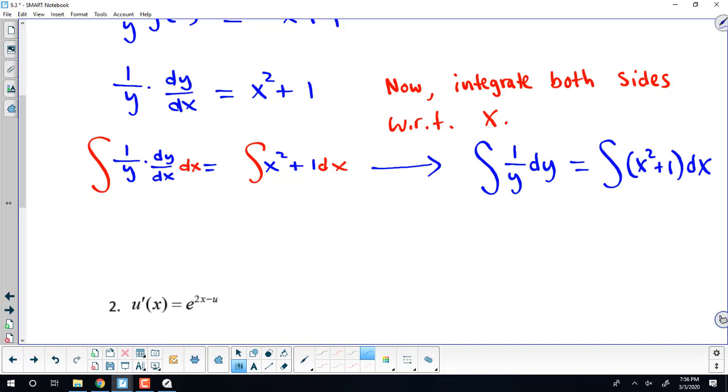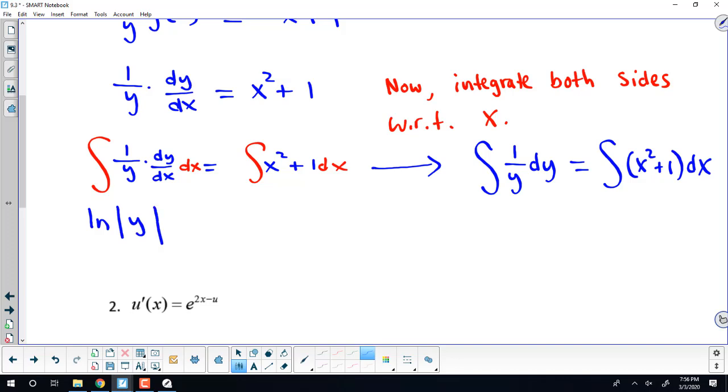Do we still integrate in terms of y, or do we consider the y a constant and pull it out? No, because this is the integral with respect to y of 1 over y. Y is not a constant there. So what is the antiderivative of 1 over y with respect to y? The natural log of the absolute value of y.